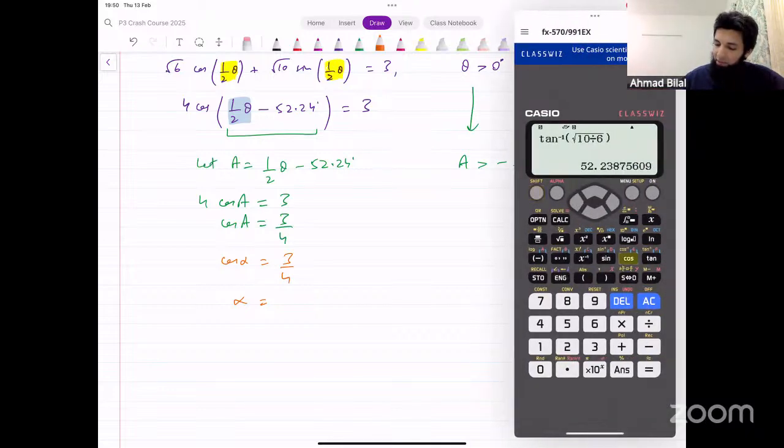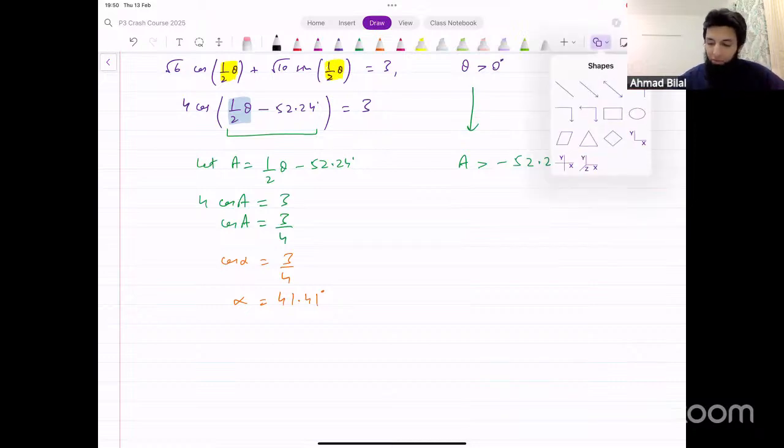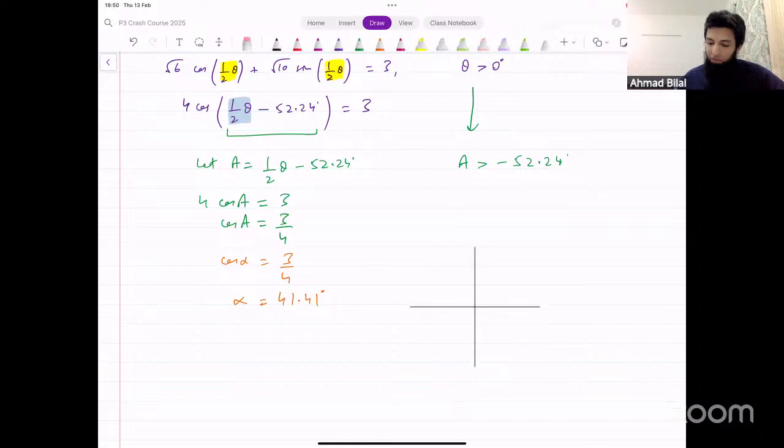Cos inverse of 3 over 4, which is 0.75, that is 41.41 degrees. That's the basic angle that we're getting. All right. Now we think of quadrants. Which quadrant can we be in? Cos is positive. That means it could either be the first quadrant or the fourth quadrant. So the basic angle could either be here or it could be here.